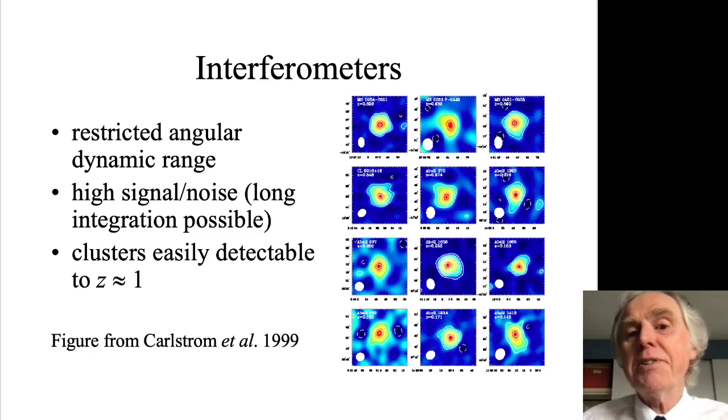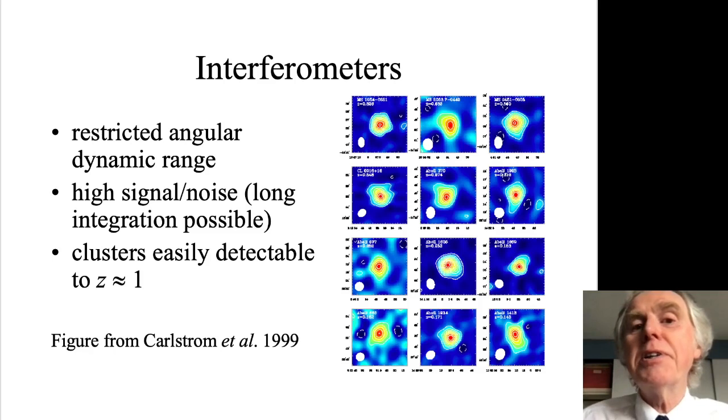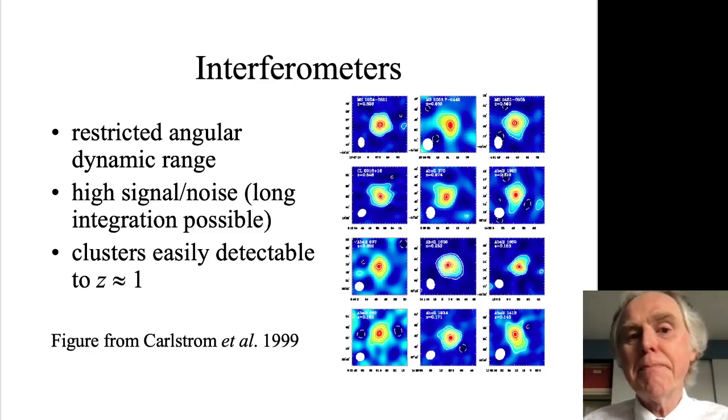But in every case, the beam, as you see in the lower left ellipses, is not that different from the size of the SZ image that's been detected. Again, there's a restricted angular dynamic range.